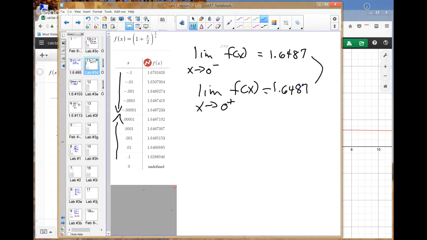Okay, so these are in agreement. Therefore, it appears that the limit, as x approaches 0, overall, is about 1.6487. Okay, but then, what's f of 0?